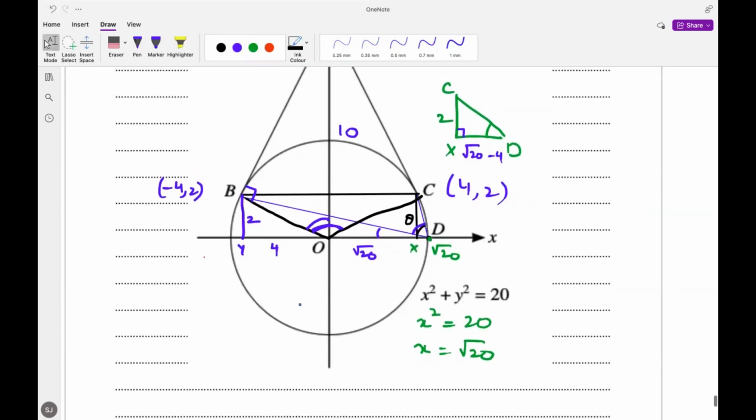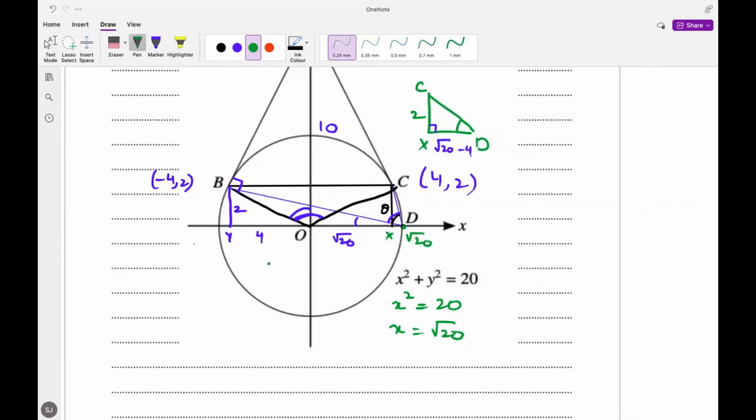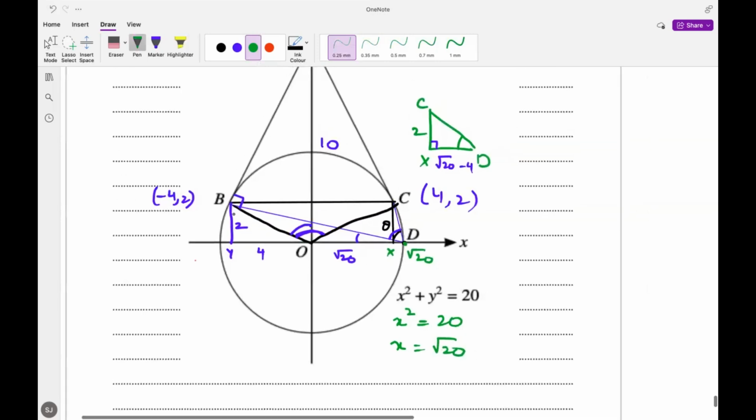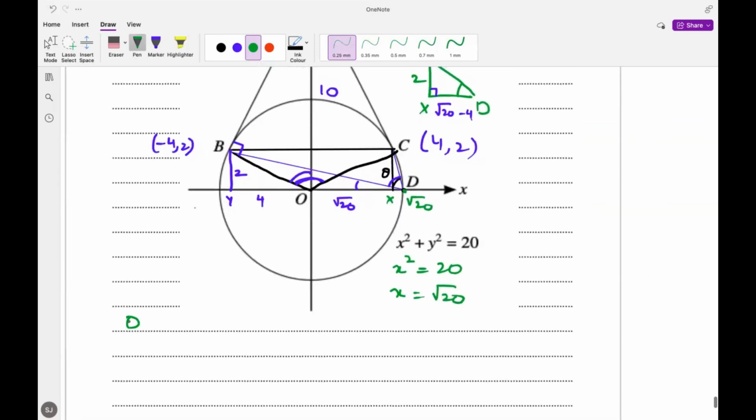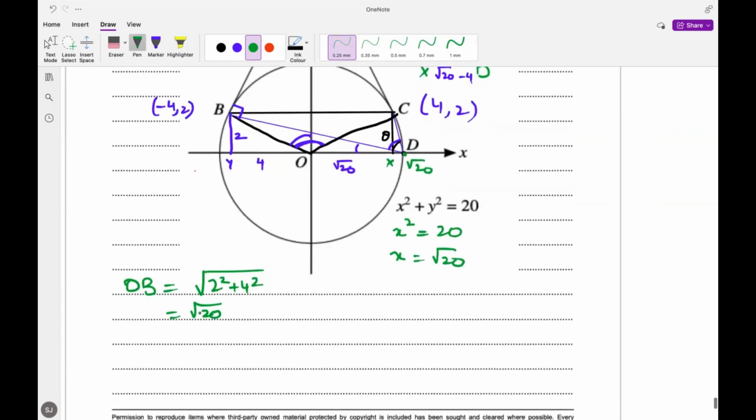So let's quickly do this just to see if we can apply a different method. The length of OB will be equal to square root of 2 squared plus 4 squared, which will be equal to square root of 20. Now, the adjacent length to this angle BOA will be square root of 20.